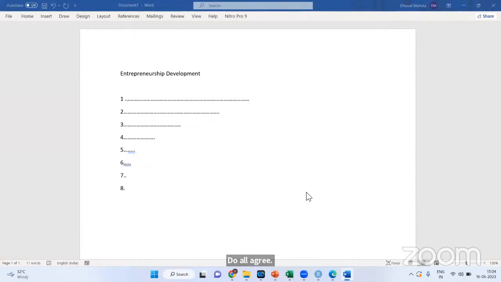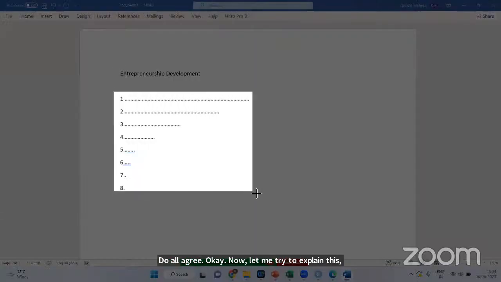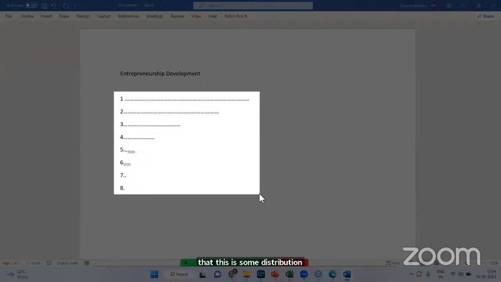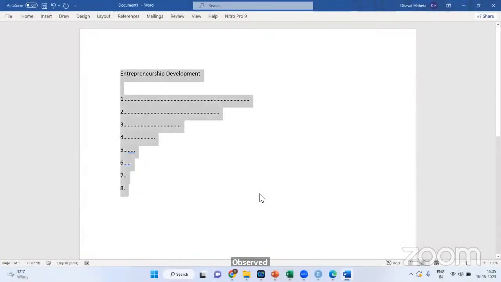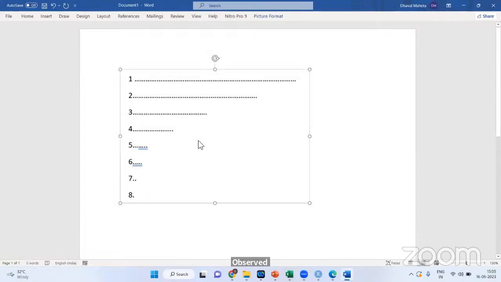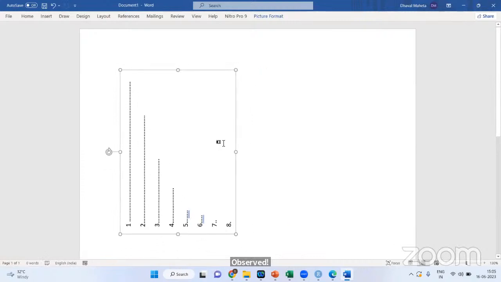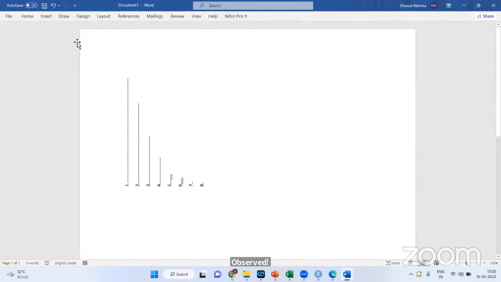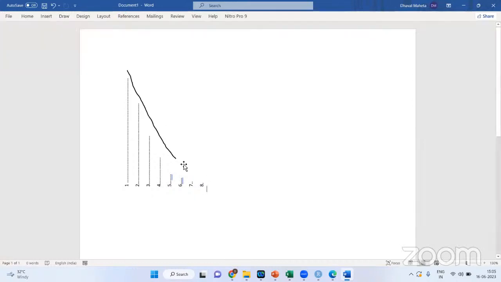Now, let me try to explain this: this is a distribution which has been observed. It is a diminishing curve, right?